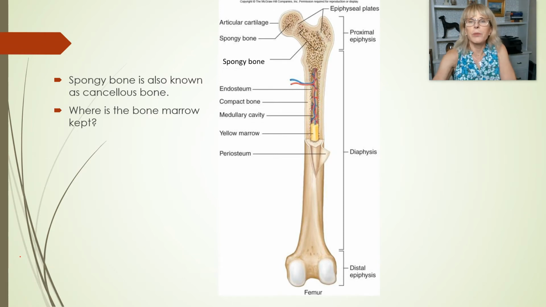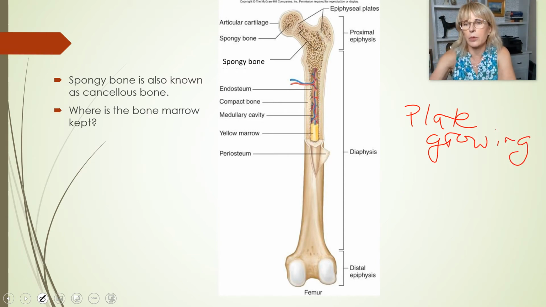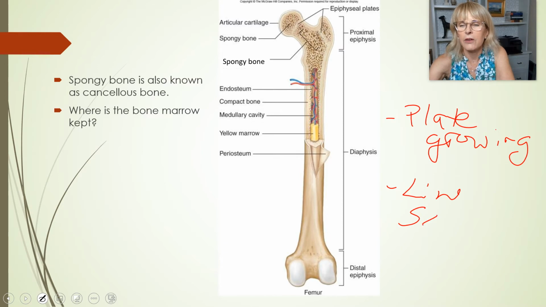The epiphyseal plate, that is while you're still growing. And this bone that they're showing us here, this person has stopped growing. The epiphyseal line, that is this little scar of bone when you're done growing. Okay, so luckily for you, for my quizzes and my exams in AP 120, I accept both answers.